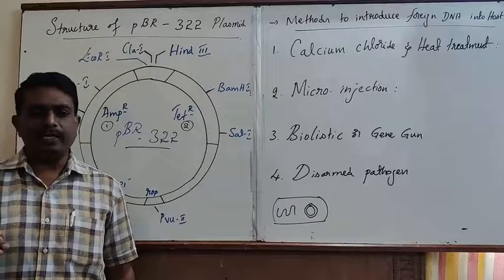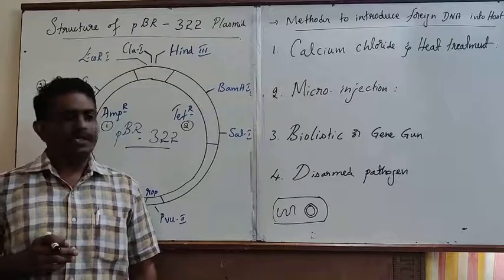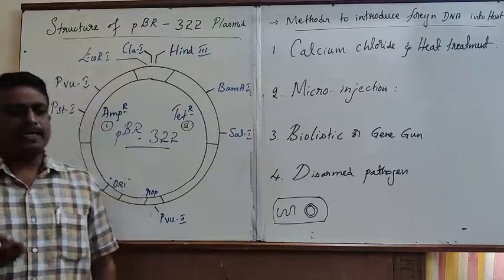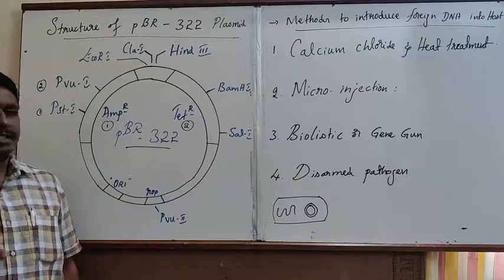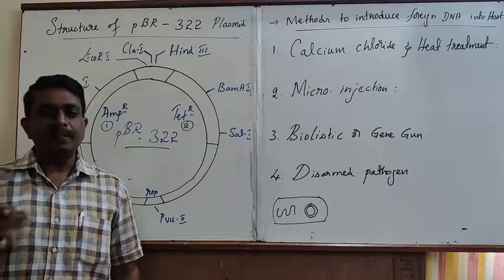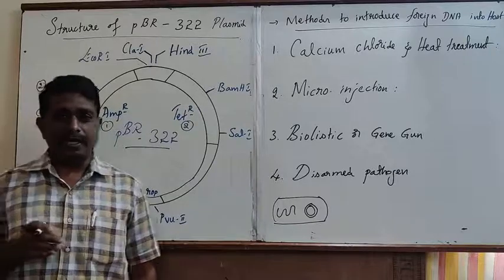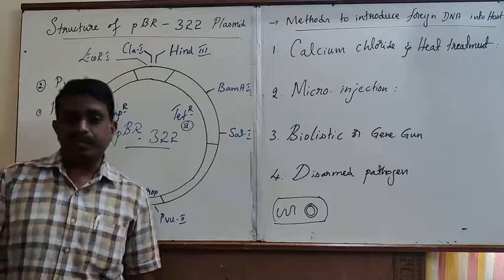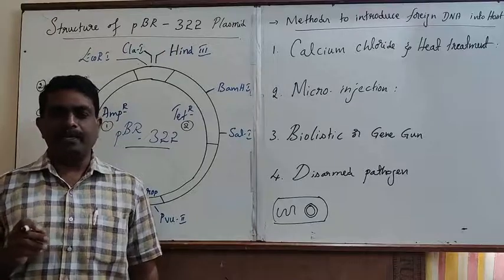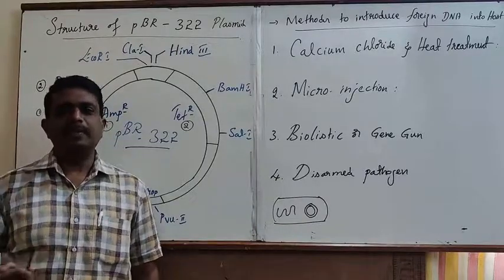Because of the hydrophilic nature, it cannot pass through the cell membrane, because the cell membrane is lipophilic in nature. It is characterized by the presence of lipid residues. Because of the hydrophilic nature of the DNA, it cannot pass through the cell membrane. Thus, it requires a host cell.